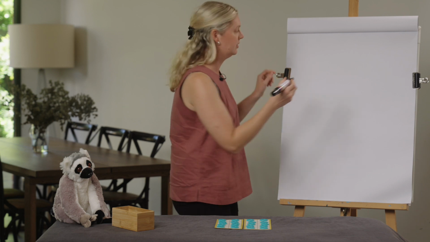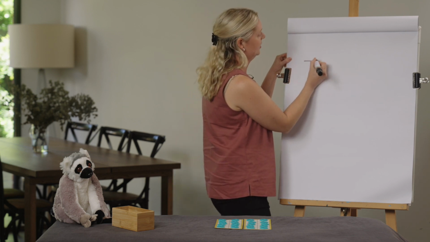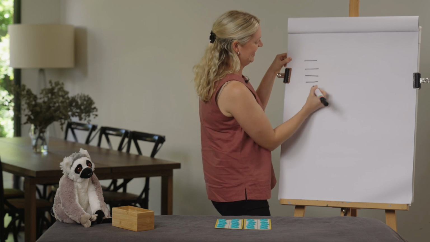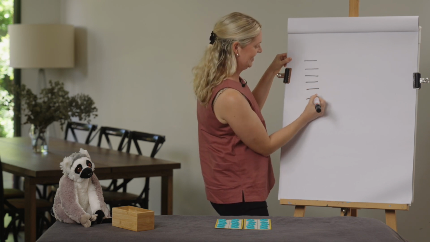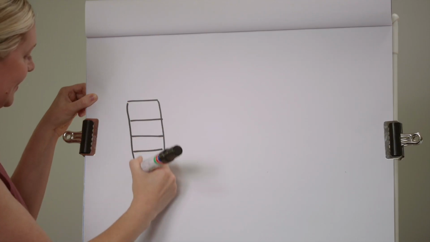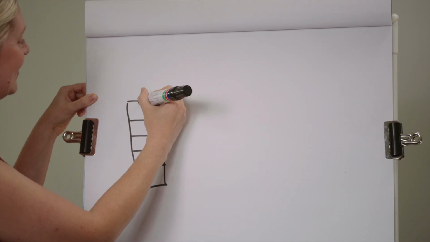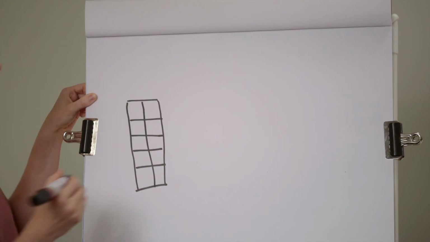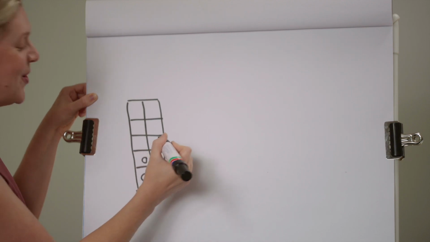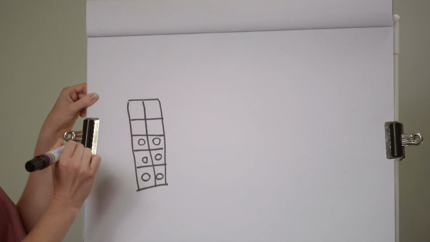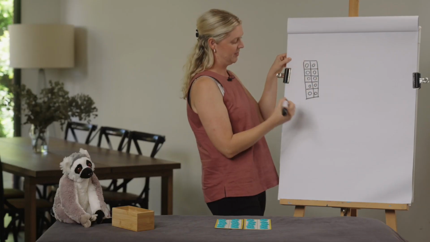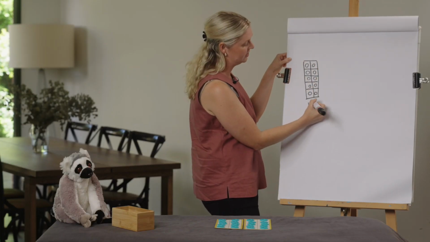I want to record this today, so I'm going to have a go at drawing my 10 frames. I'm going to start with my top line. 2, 4, 6, 8, 10. Then I'm going to draw the lines and split it through the middle. Now let's draw our counters. 2, 4, 6, 8, 10. So there was 10 in this group.